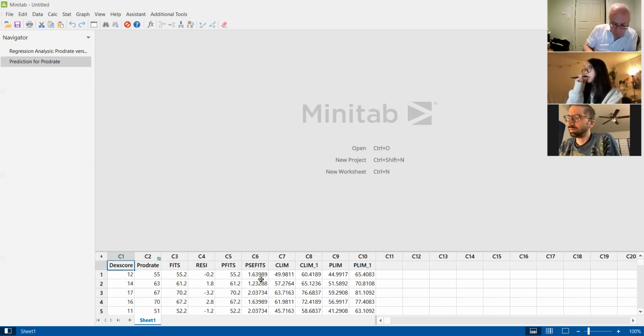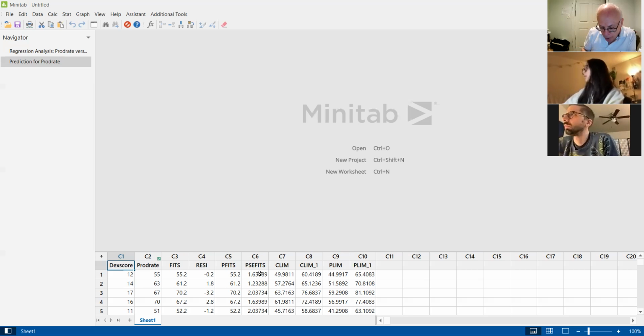So now, that doesn't match the 1.63989. That's the only problem I'm having, is I'm not sure what that number means. I'd have to look at the documentation, I guess, for Minitab. I don't think that is what's inside the square root for the prediction interval.